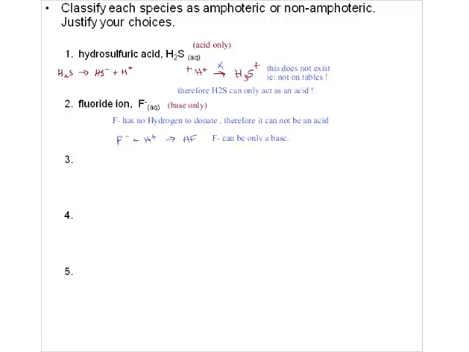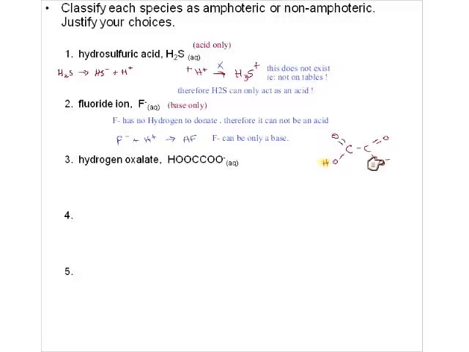All right, let's look at another example. How about hydrogen oxalate? If you look at hydrogen oxalate, that's this compound right here. There's a carbon with a carboxylic acid, and we've got another carboxylic acid on this side. So that hydrogen is donatable because it's part of the carboxylic acid.